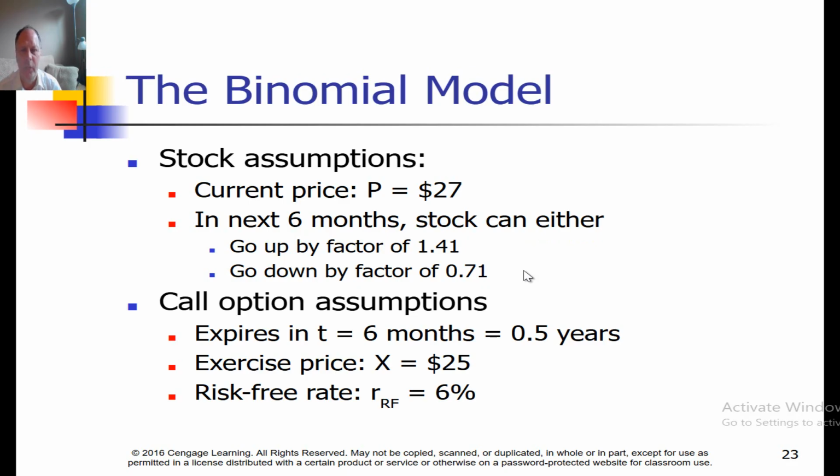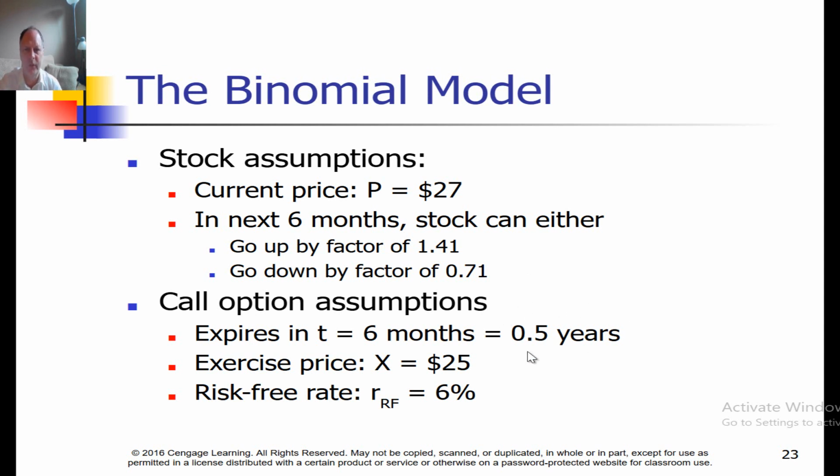These seem like unrealistic assumptions, but when you apply this to the actual valuation of an option, you cut down these movements from 6 months to maybe seconds, and then you can build a model based on these kinds of assumptions. Other assumptions on the call option: it expires in 6 months, or half a year.